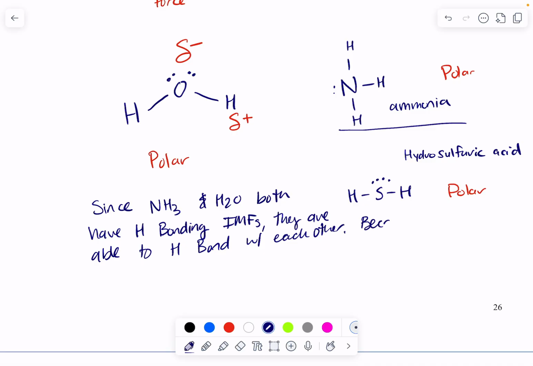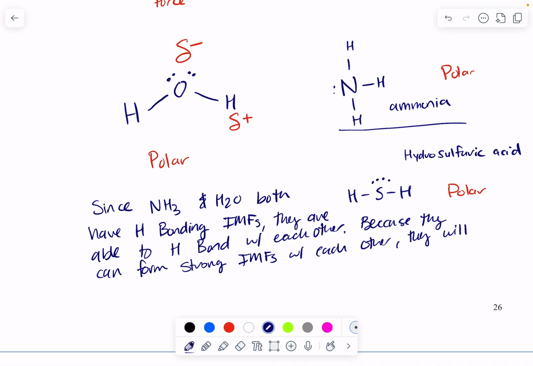Because they can form, you don't have to write all this, but I'm just going to explain it, because they can form strong IMFs with each other, they will be soluble, or most soluble with each other.